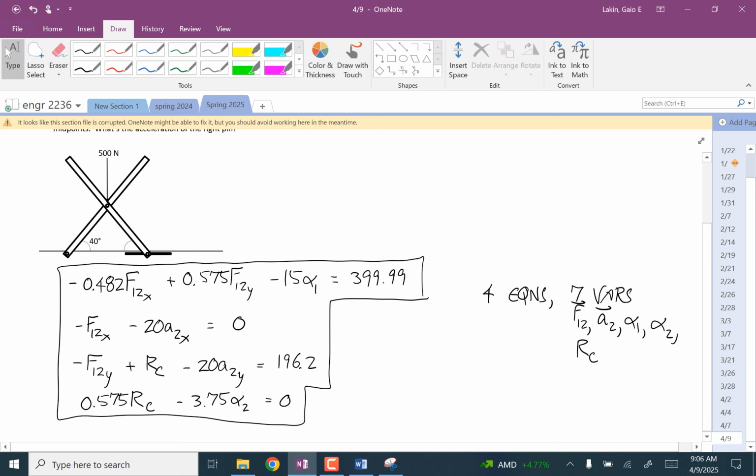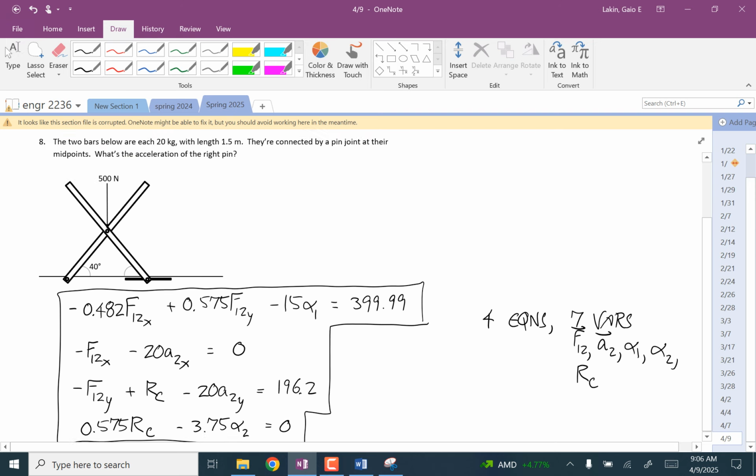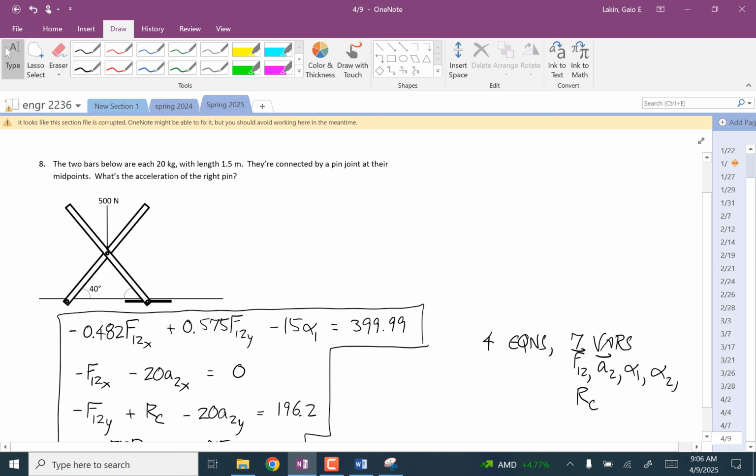And now we have to deal with the constraints. How did I letter these? I called this member 1, member 2, and then I called this A, B, and C. I think maybe it was Joe who asked last time.